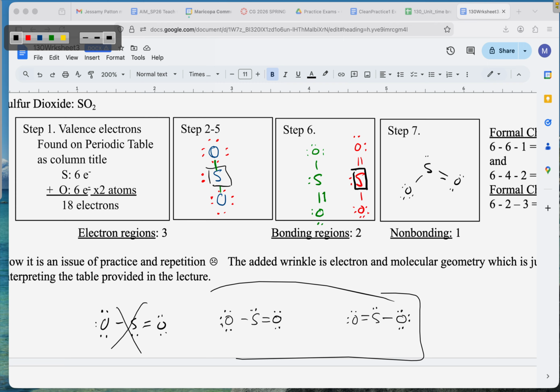Okay, so I think what you're doing, maybe, is that you're now looking at this and saying, but isn't this linear? When we're asking the shape, it's all very specifically referring to one particular atom. Which particular atom? The central atom. So you started to talk about oxygen. I don't care about oxygen, I care about the sulfur. Okay? You'll always look at the central atom.